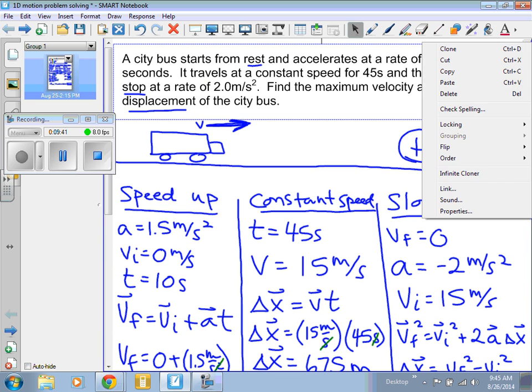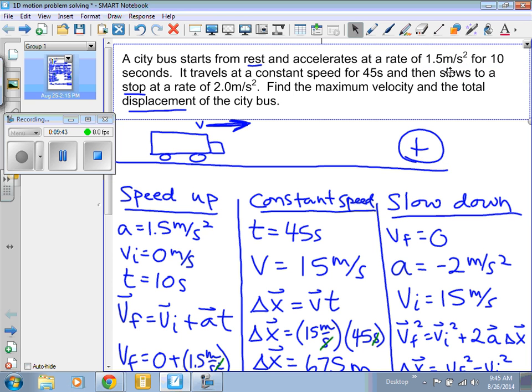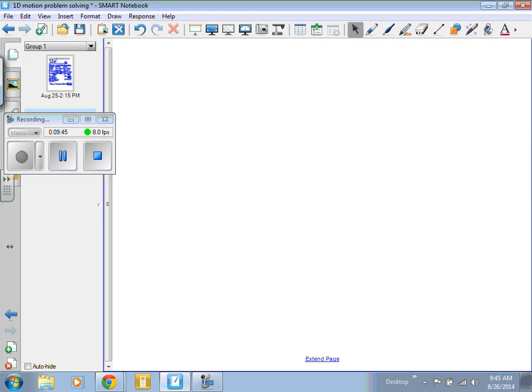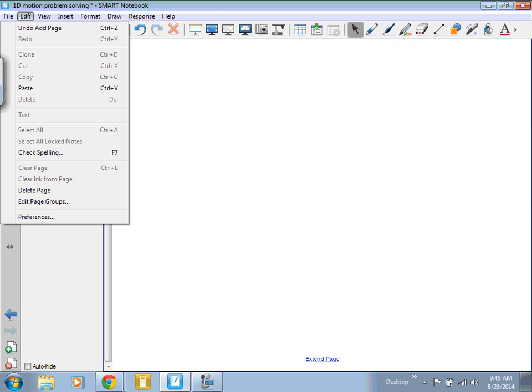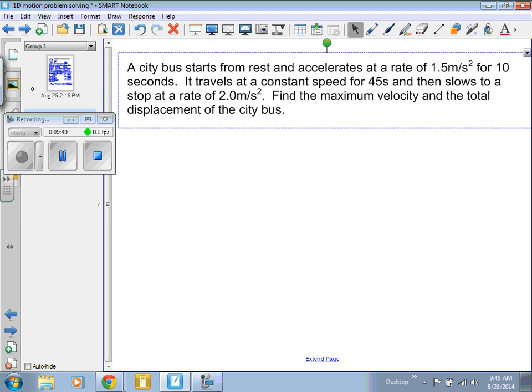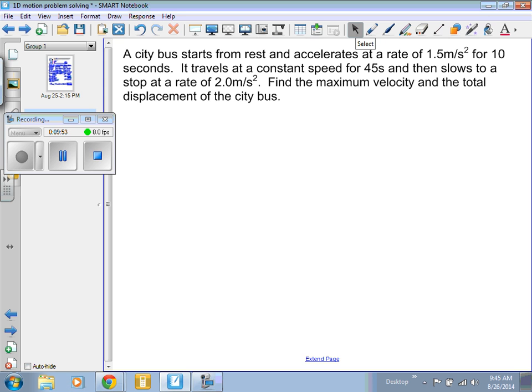I'm just going to quickly copy this, and then we'll add a new page, and we'll paste it. All right, so let's draw a velocity versus time graph for this situation.